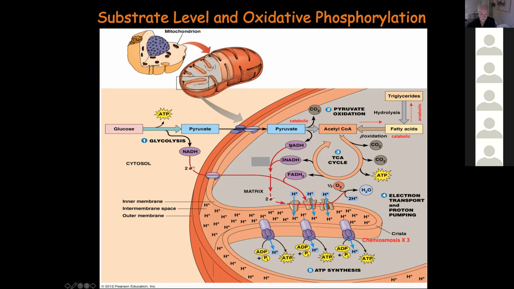These electron carriers then enter the membrane and go through a series of steps where they're losing energy. And as they do, they generate protons. And you can see that the protons, all these H pluses, are accumulating in this intermembrane space. This is called a crista. And finally, when the electrons get to the end of the chain, they're accepted by each one by a half molecule of oxygen to make water.